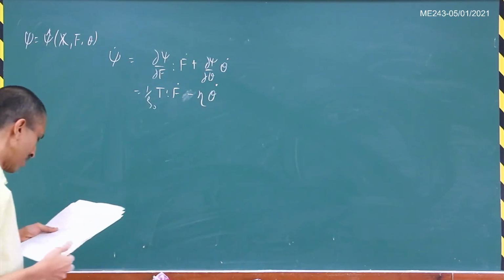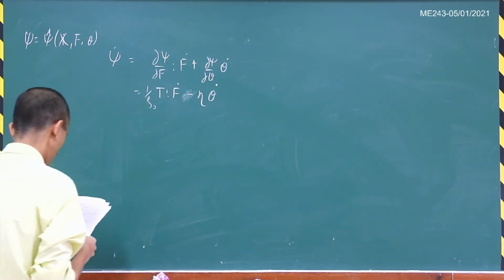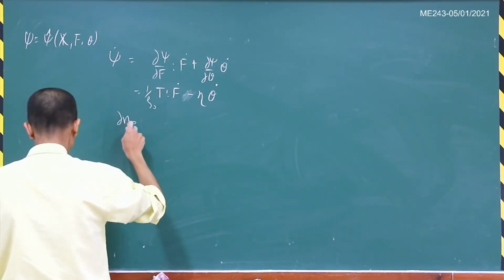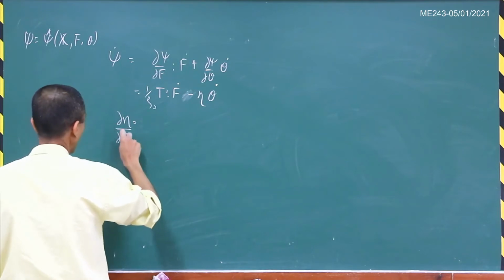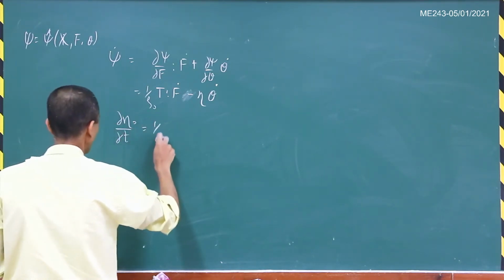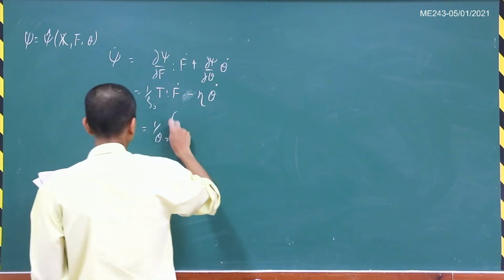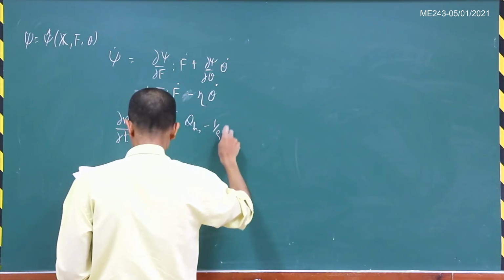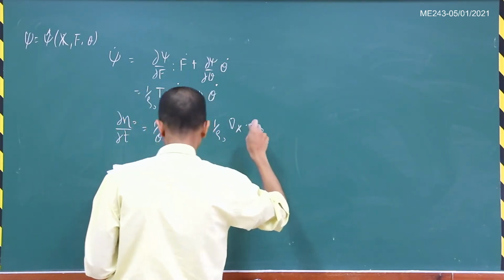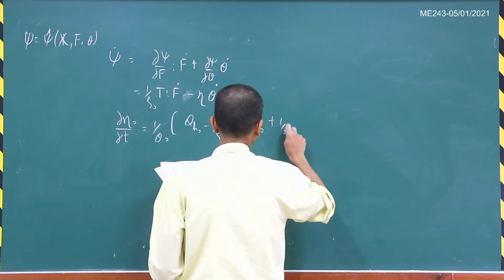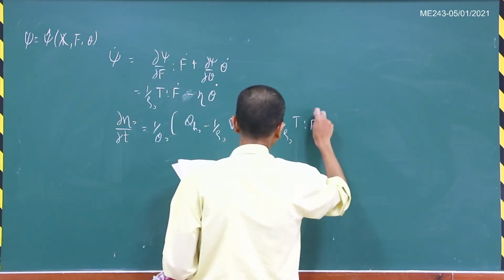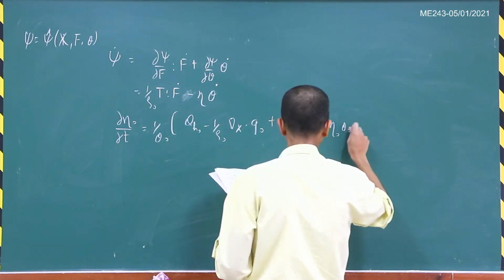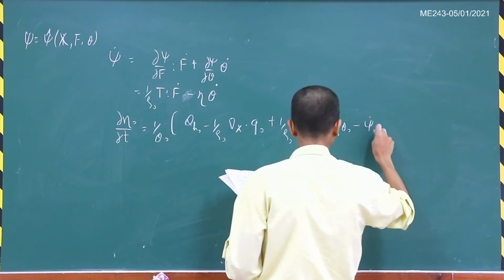So xi dot will be given by this particular statement, and then we can substitute this now into the second law of thermodynamics. So that is del eta naught by del t is 1 by theta naught times qh naught minus 1 by rho naught del dot q naught plus 1 by rho naught times t times f dot minus eta naught minus xi dot naught.